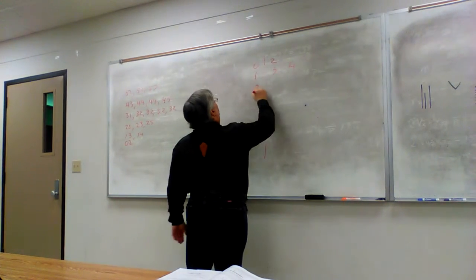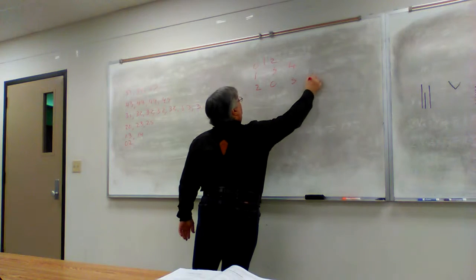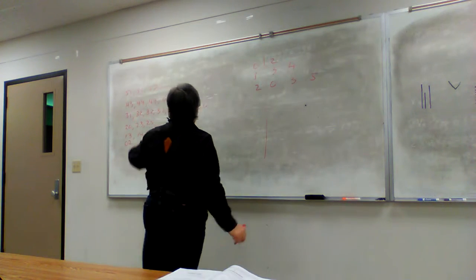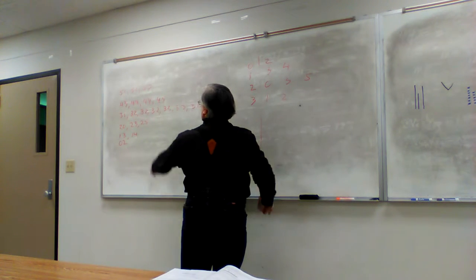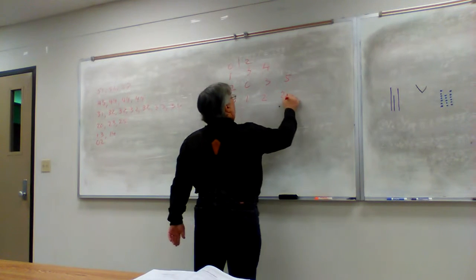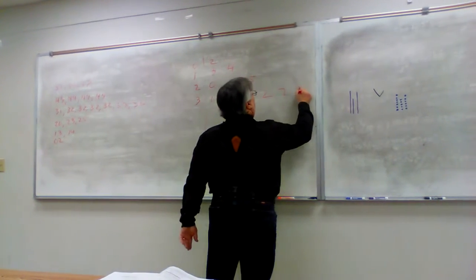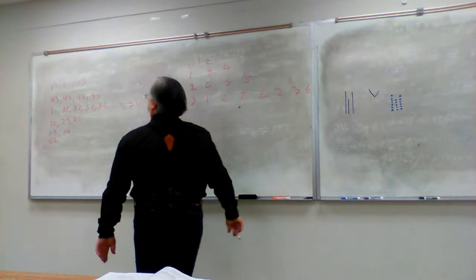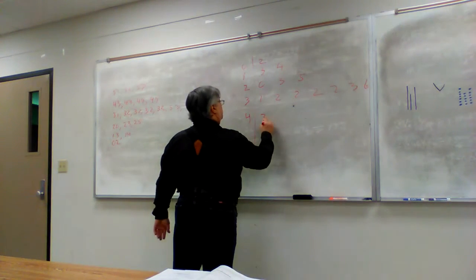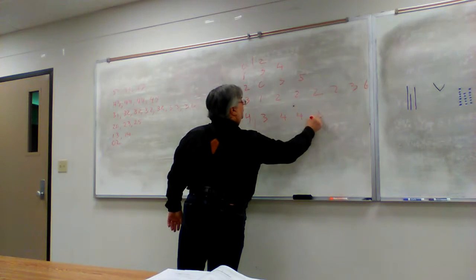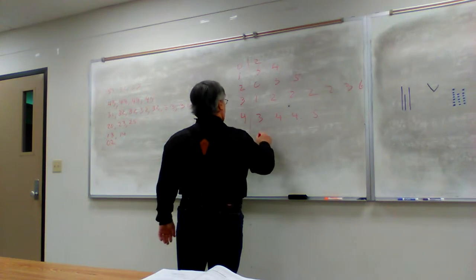On our 2, we have a 0, 3, and 5. On 3, we have a 1, and three 2s, a 3 and a 6. Now for 4, we have a 3, two 4s, and a 5. And under 5, we have a 1, 2, and 7.